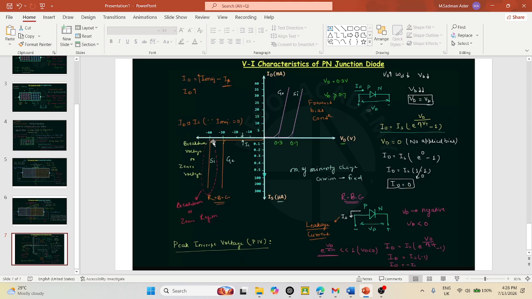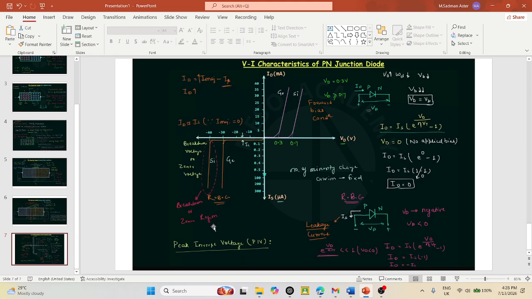This voltage is called the breakdown voltage or Zener voltage, and the region is denoted as the breakdown region. For this huge flow of current in the reverse direction, normal diodes get burned out, but Zener diodes conduct well in this region. So this is the case of reverse bias condition.